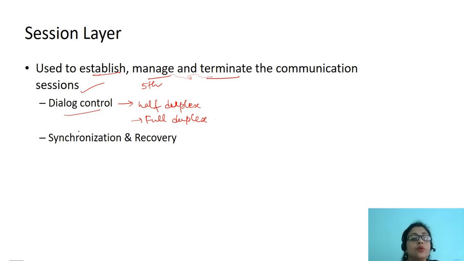Next, it can also be useful for synchronization and recovery. Synchronization means between the dialogues there should be proper timing instance. So the sender and the receiver must be aware when a particular session starts and when it ends. And in case of network failure, there may be some termination in the session for data transmission.